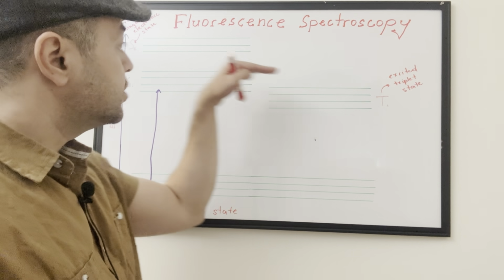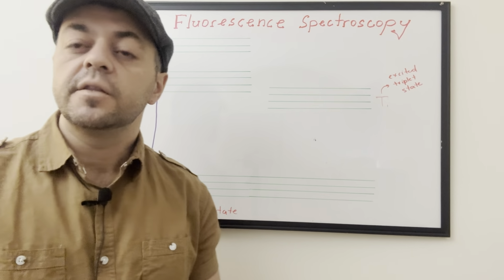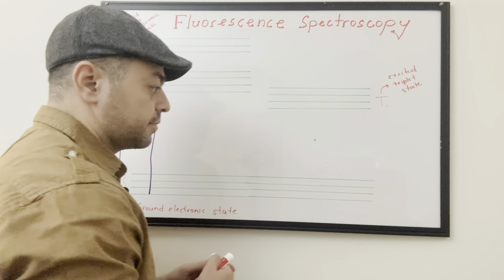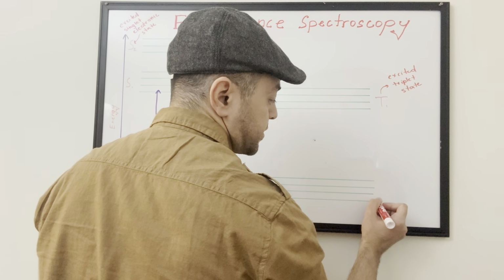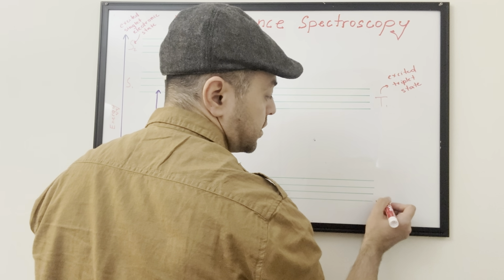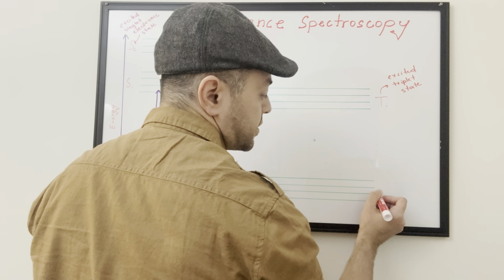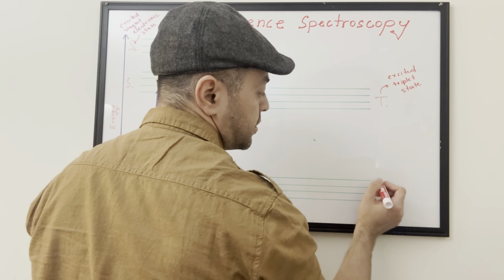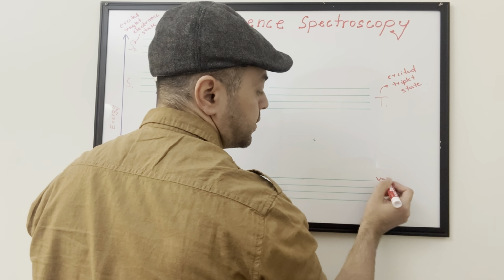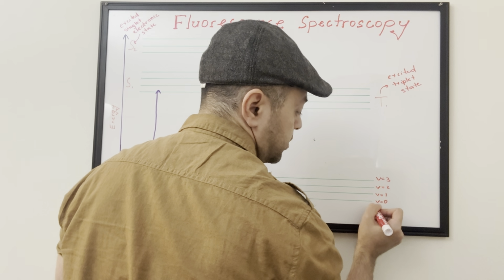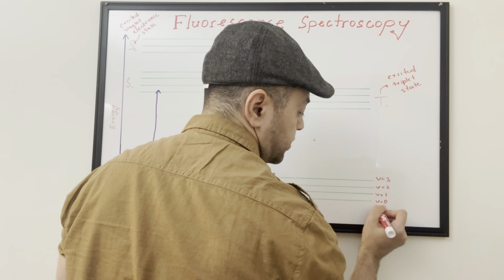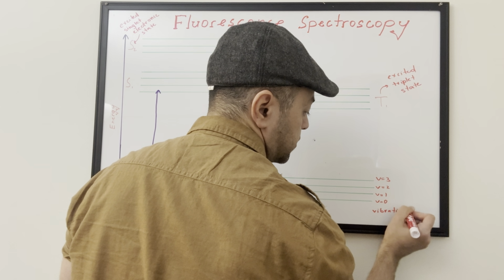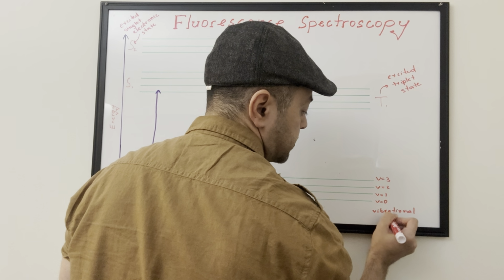This is the electronic state, and this is the vibrational state, or vibrational level. We can say this is V0, this is V1, this is V2, V3. These are all vibrational levels.